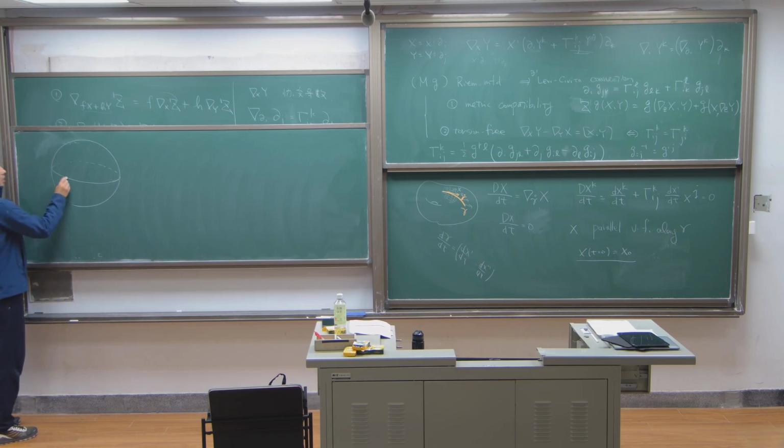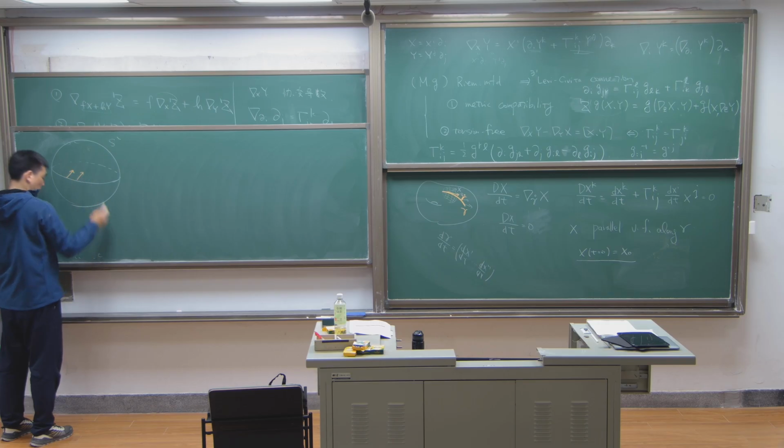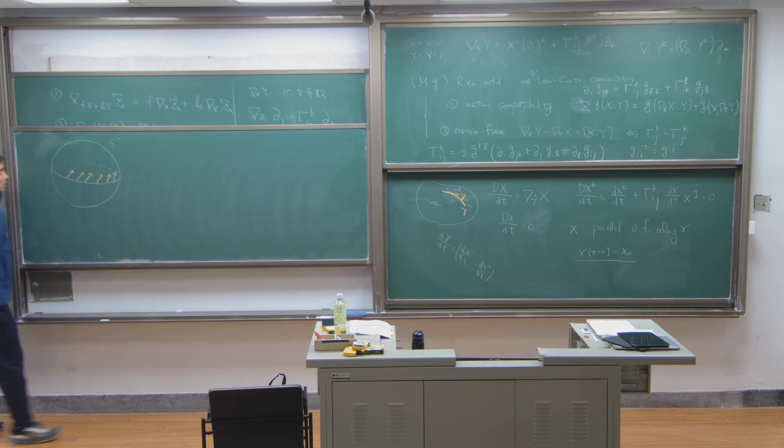Suppose this is a curve, and then parallel transport along the equator of the sphere is something like this.